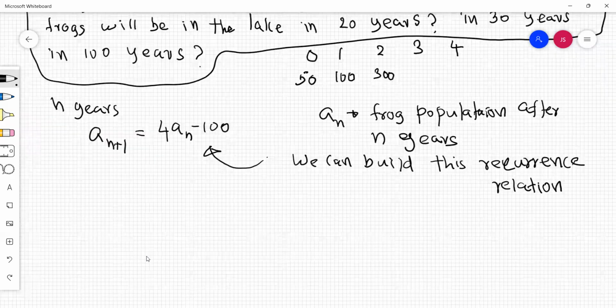But the problem is, how do you solve for a_n? Can we find a_n then? Of course, we know the initial conditions also. Now, what is a_n then?